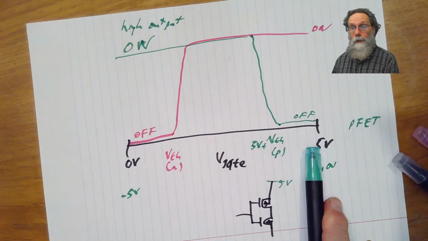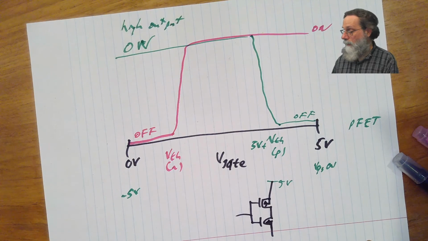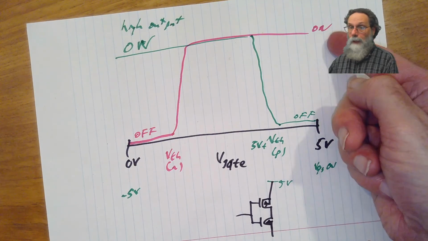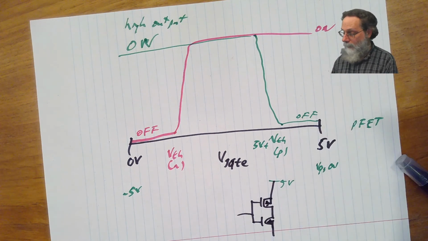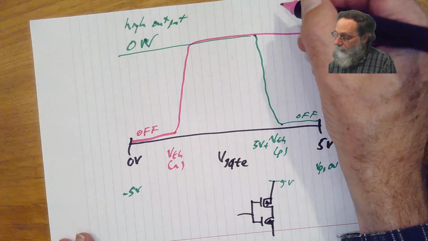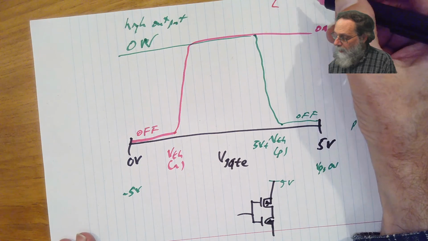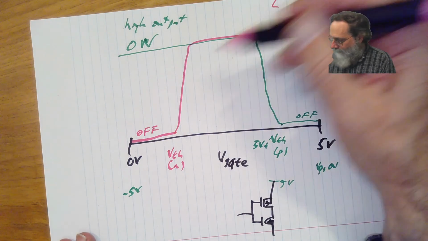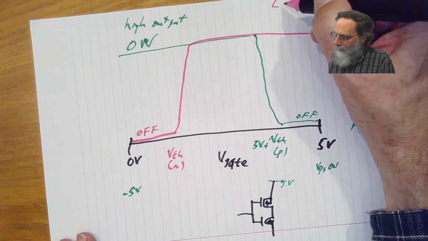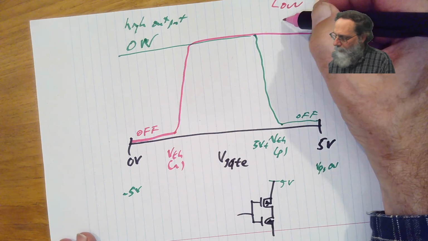At very high voltages on the gate, near the top voltage on our system, we're going to have the MOSFET on and the PFET off. That's going to give us a low output.